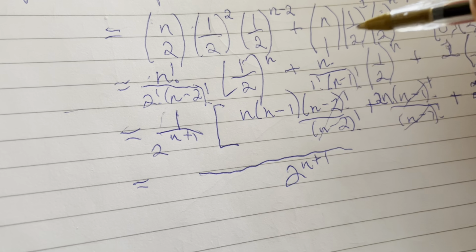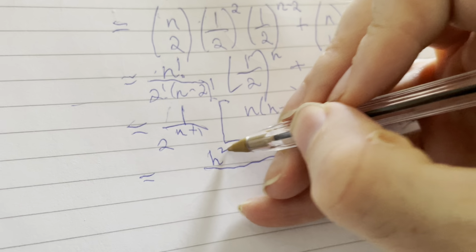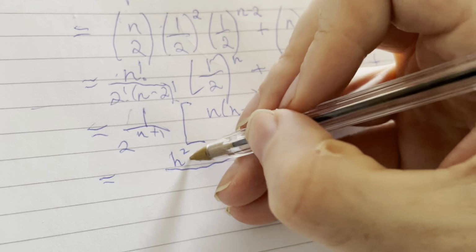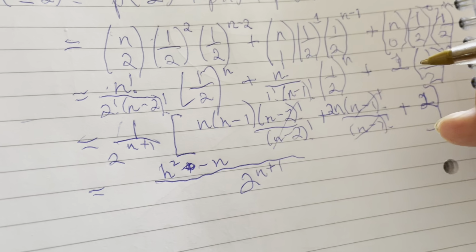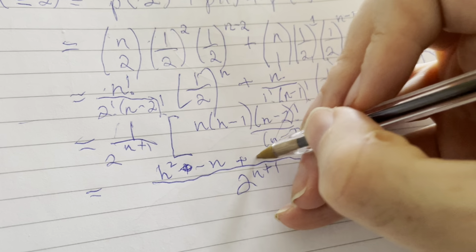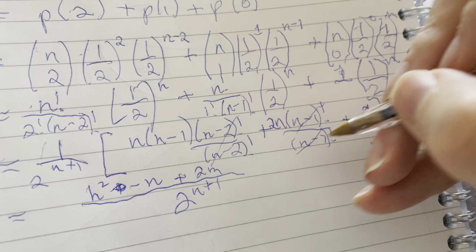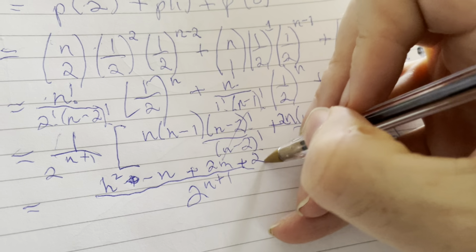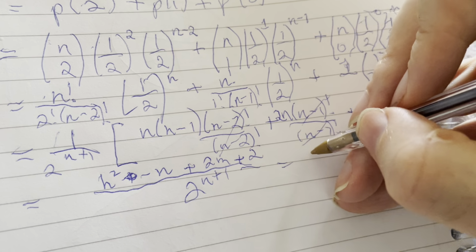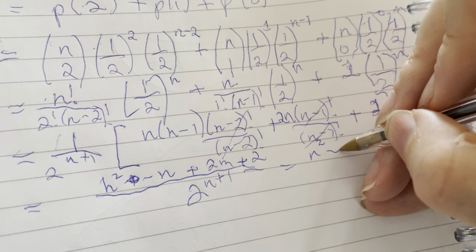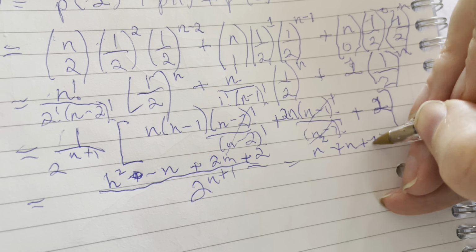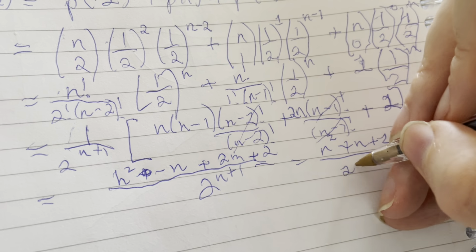And then we're left with n squared plus n squared minus n plus 2n plus 2. Okay, so it's equal to n squared plus n plus 2 over 2 to the power of n plus 2.